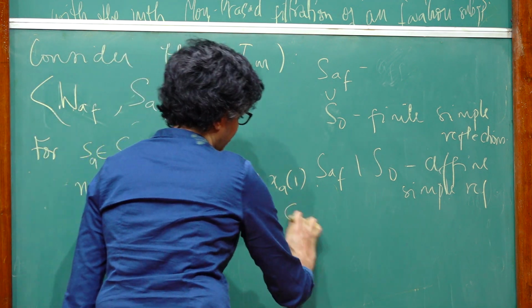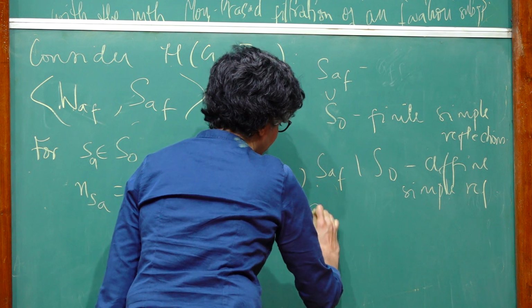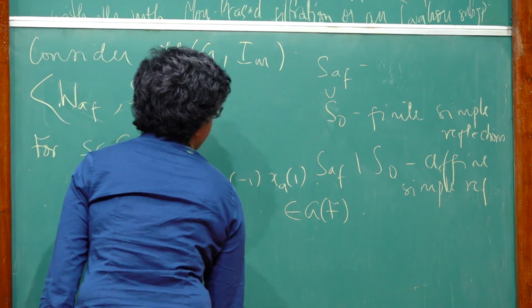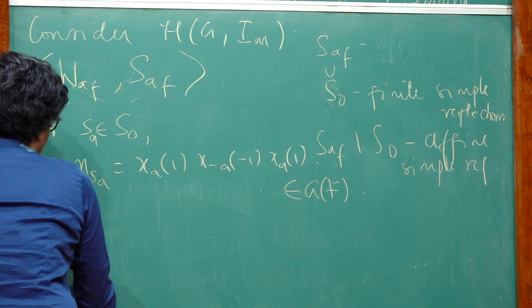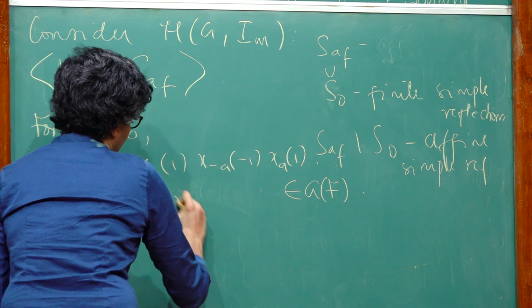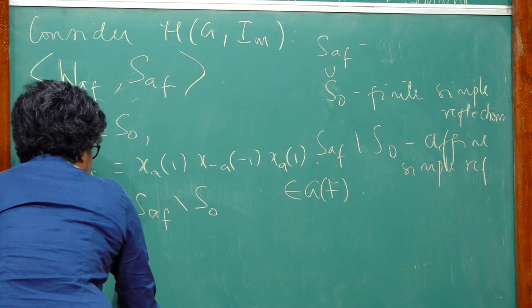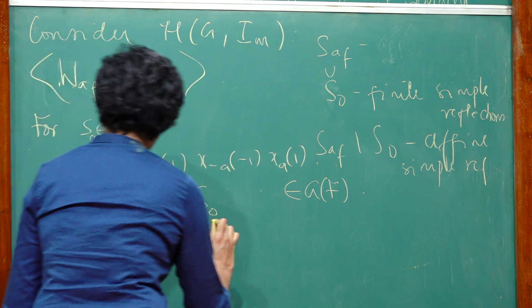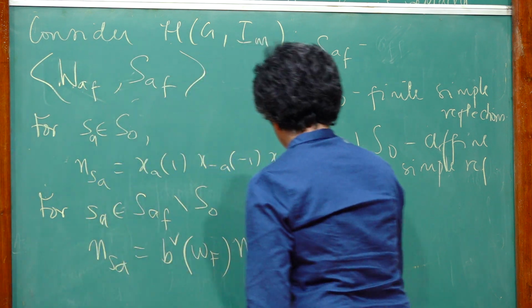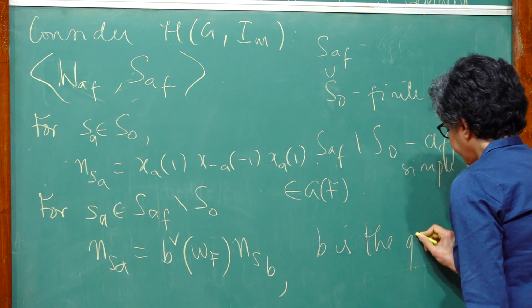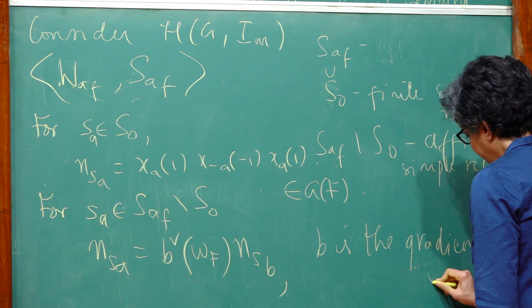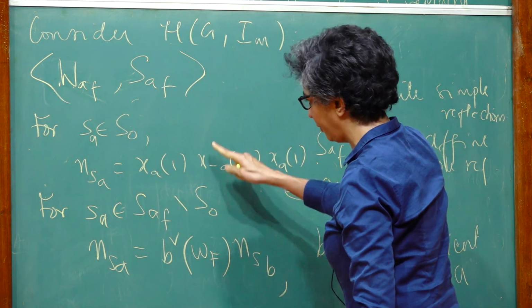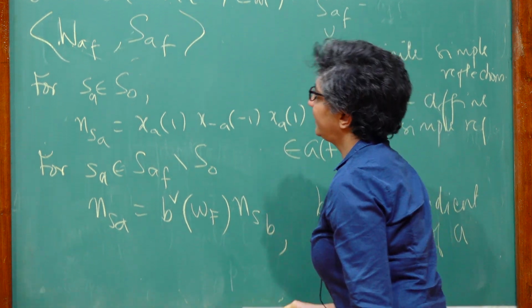This is actually in the normalizer of T. So this is in G(F), and for the affine simple reflections S_A in S affine minus S0, N_{S_A} is just B check of omega F times N_{S_B}. Here B is the gradient of A. So once you make a choice of a pinning, you do have a natural choice of representatives for your affine simple reflections. Now I'll state a few facts.